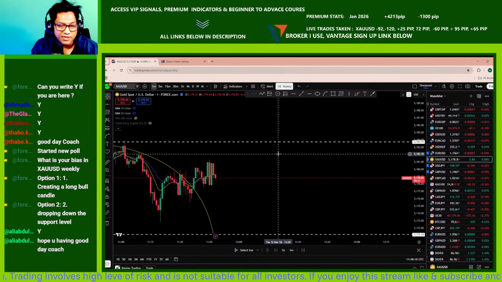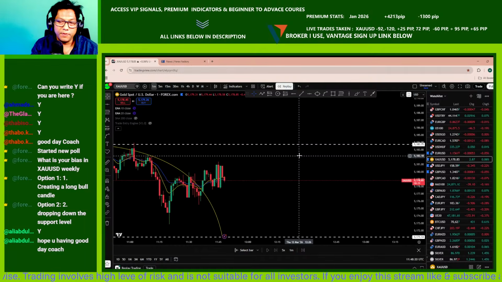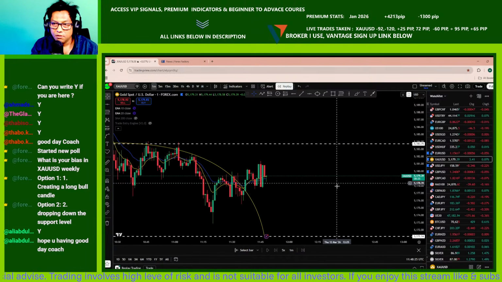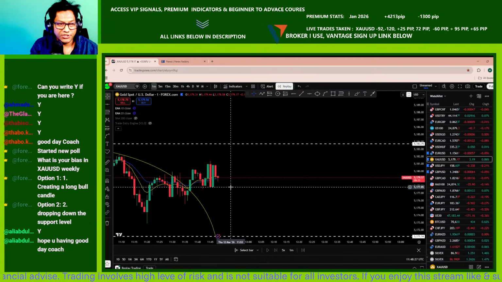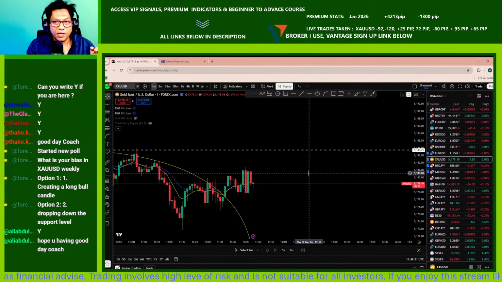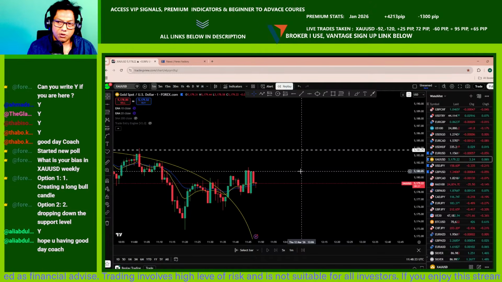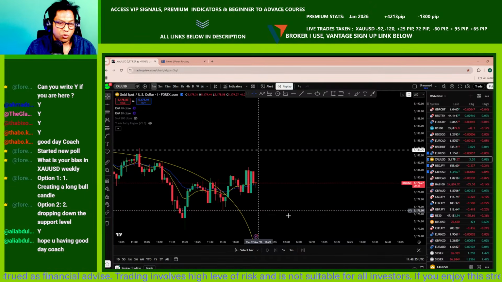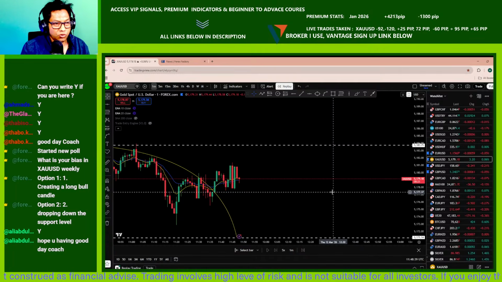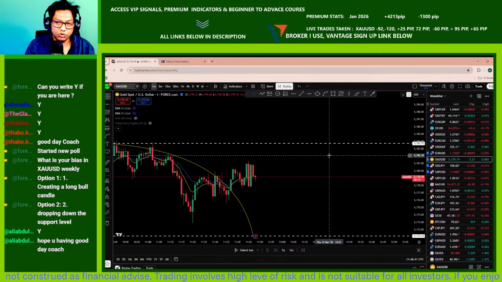So every moment there is a probabilistic outcome from the collective action. This candle is not one person's creation. It's the action of everyone trading in the market combined together. So you contribute to that action as a trader.